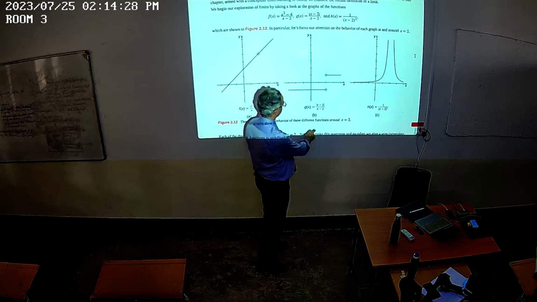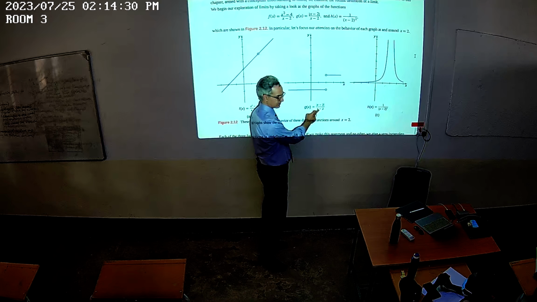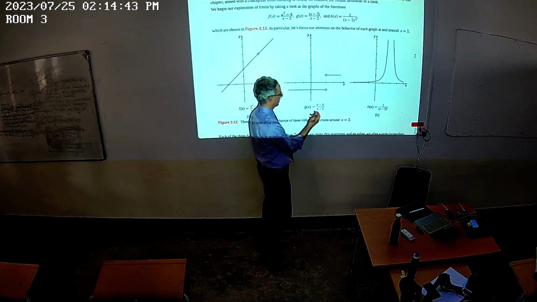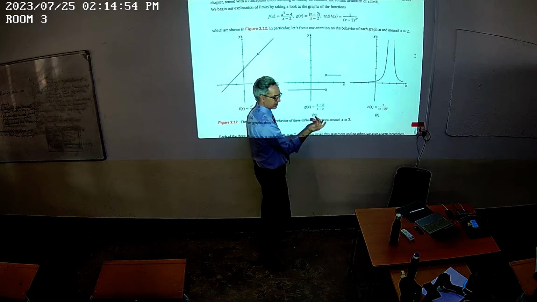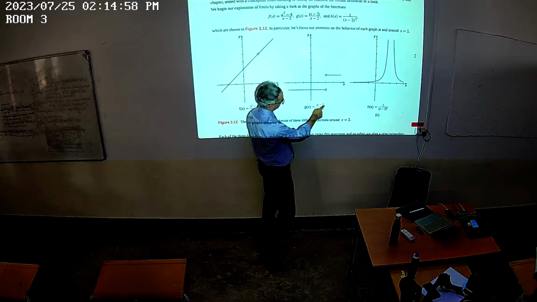If x is 3, what is this? 3 minus 2, that's 1, absolute value of 1, divided by 1. 1 divided by 1 is 1. If we put 4, what do we get? 2 divided by 2, which is, again, 1. It looks like anything I have here is the same thing below.